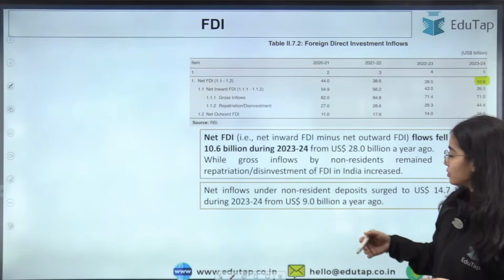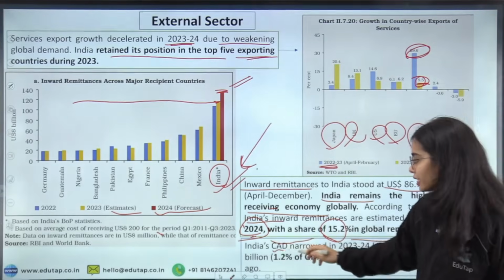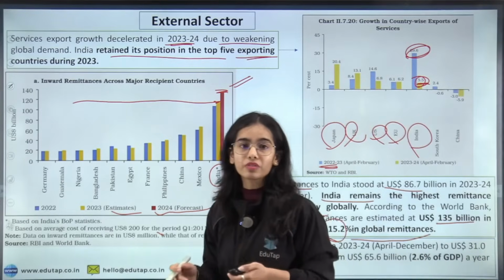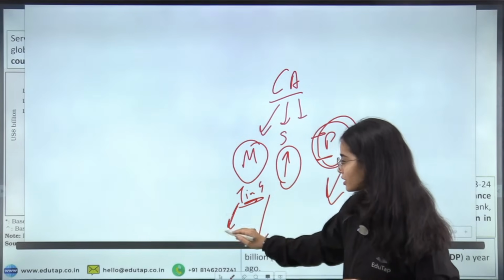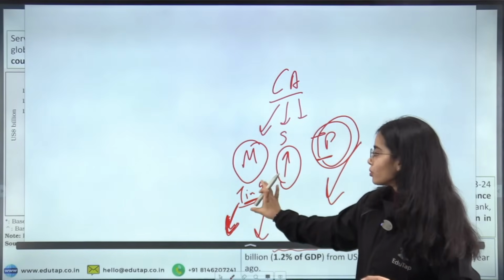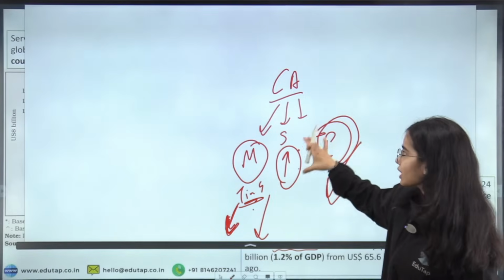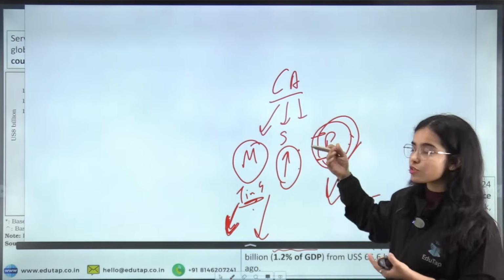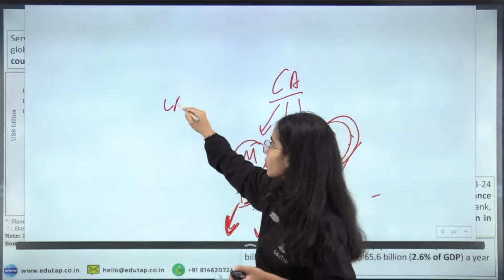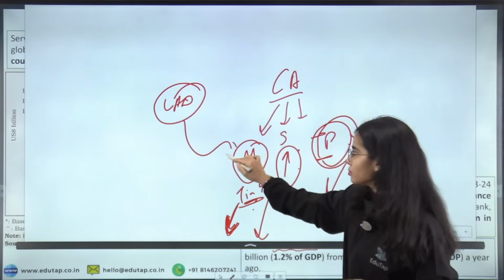Okay. So now India's current account deficit narrowed because there was a decline in the trade in goods deficit. In the services, there is growth happening. In the transfer payments, that is remittances, we are also having good transfer payments, but the current account deficit still happened because of the merchandise trade.